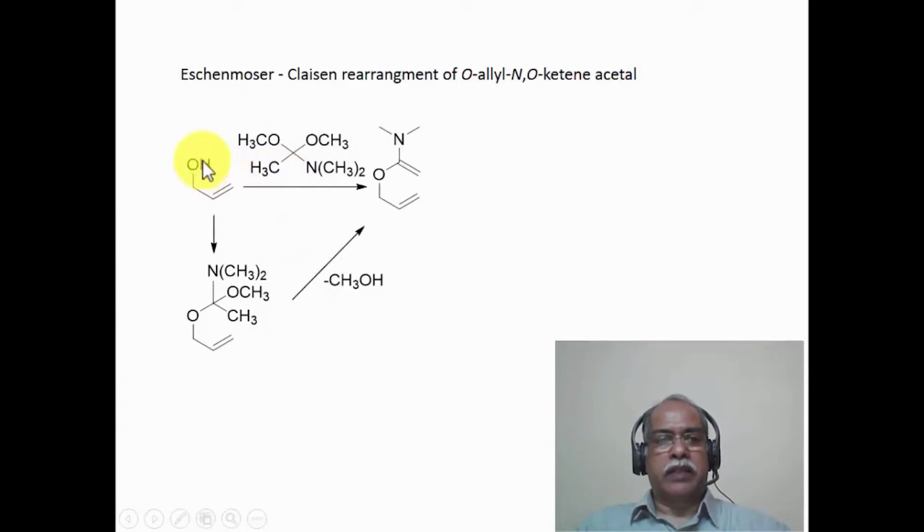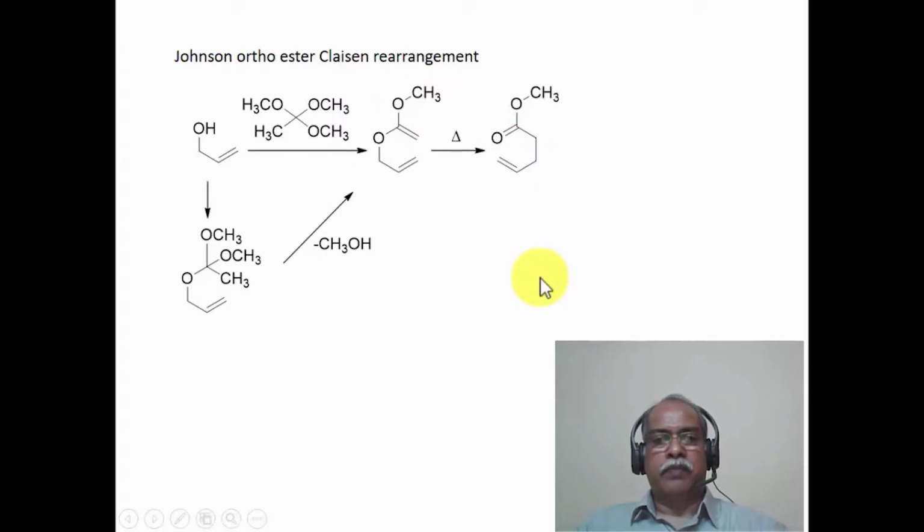The trans-etherification reaction between allyl alcohol and this ketene N,N-dimethyl acetamide acetal essentially generates this molecule. Loss of methanol under acidic condition, forming a double bond here, generates this particular derivative. This derivative is what undergoes the Eschenmoser-Claisen rearrangement to produce the gamma delta unsaturated amide, and this takes place typically around 150 degrees Celsius.